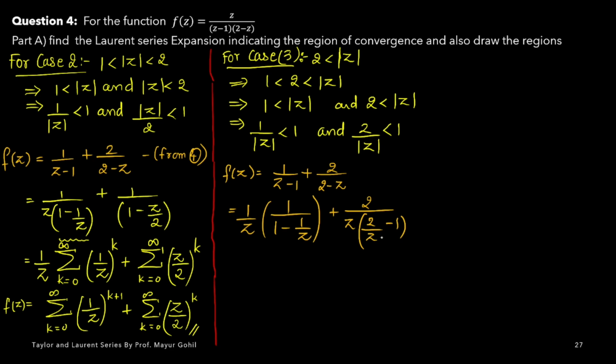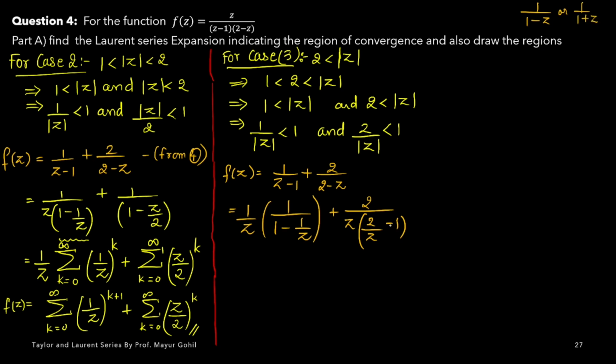But we don't have the expansion format in this way. 1 upon 1 minus is the format for our expansion. We have seen in all the video lectures previously that 1 upon 1 minus z or 1 upon 1 plus z is the format.